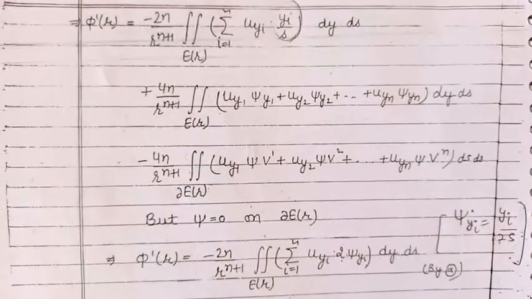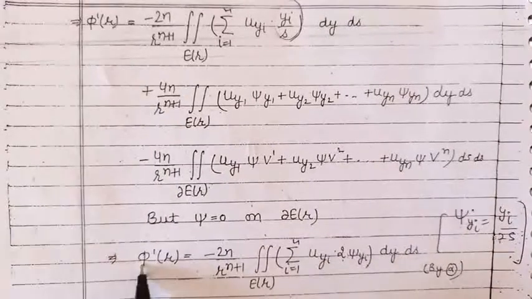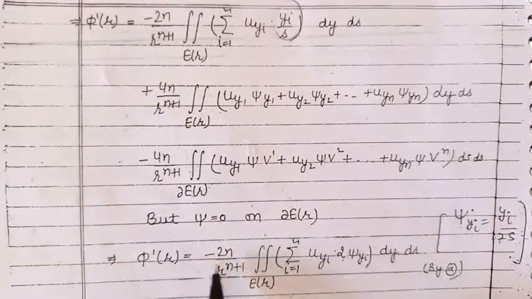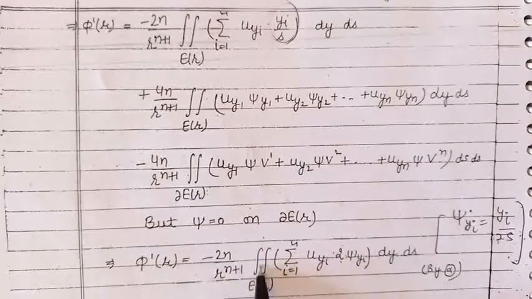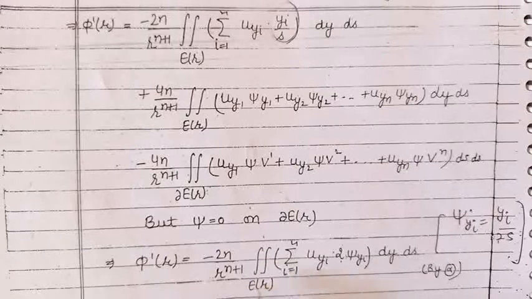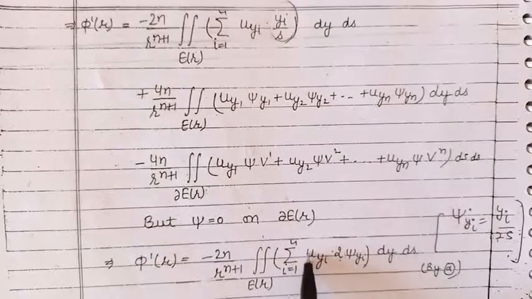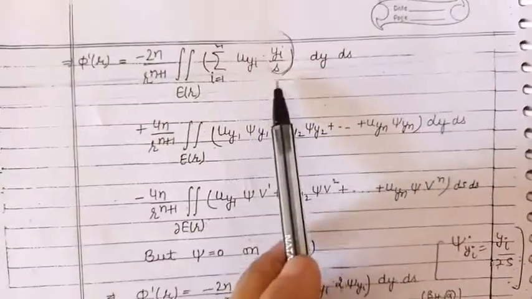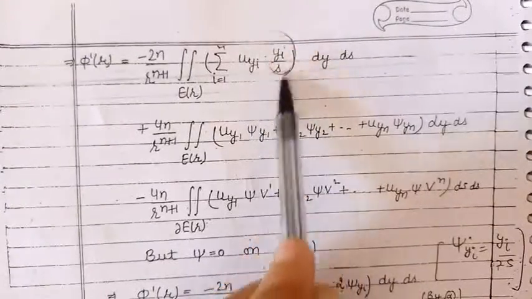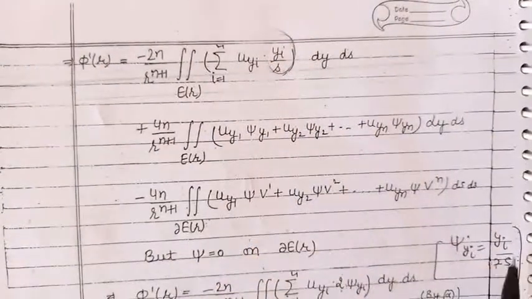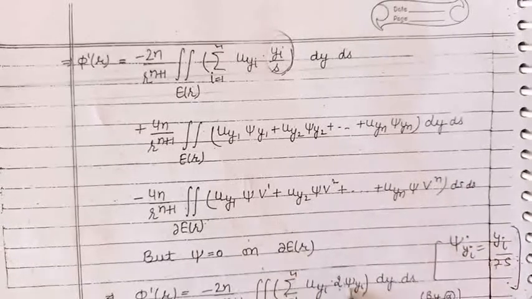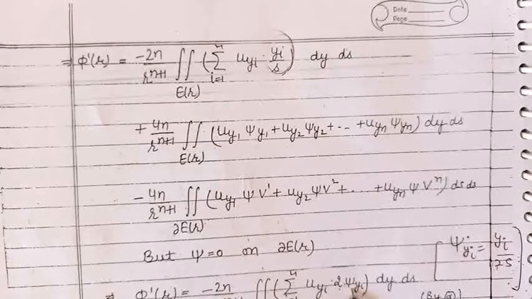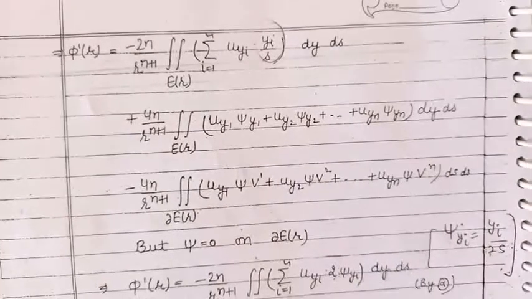So finally we have obtained phi dash r is equal to minus 2n upon r to the power n plus 1 into the double integral over the ball of summation ∂u/∂yi into yi by s. Its value we can put from here: yi upon s is 2 times ∂psi/∂yi. So we have substituted the value here, and the terms corresponding to the boundary have vanished.